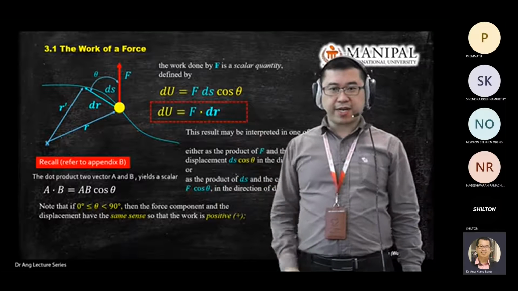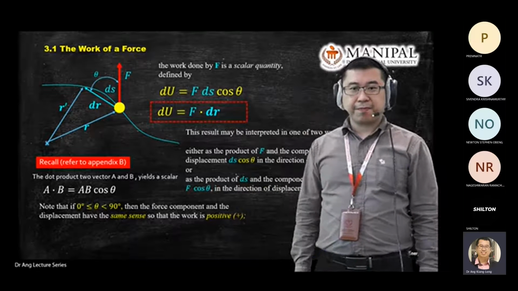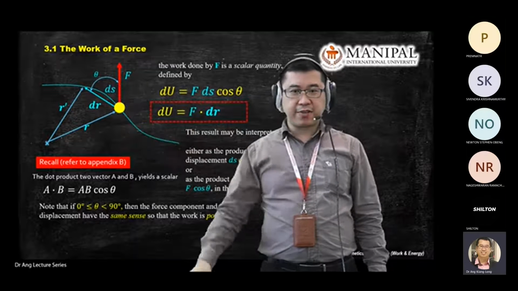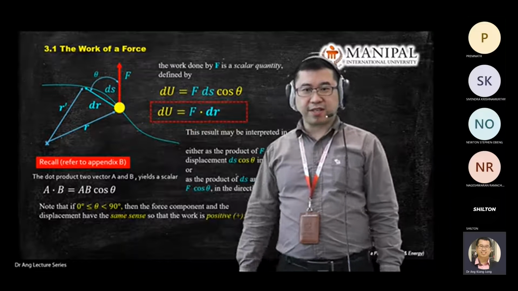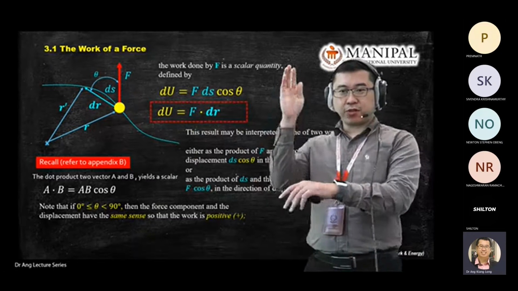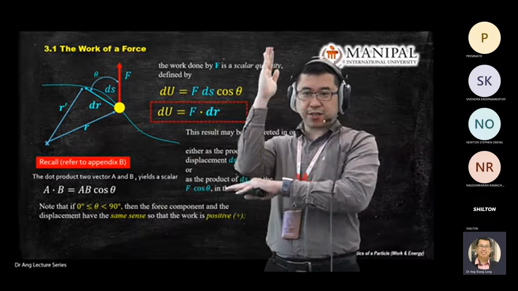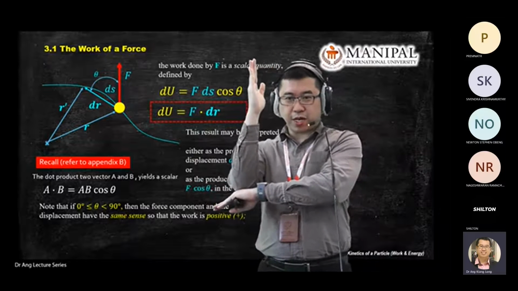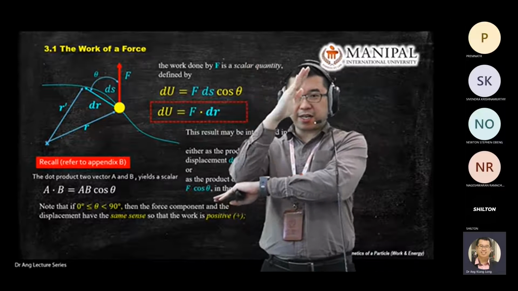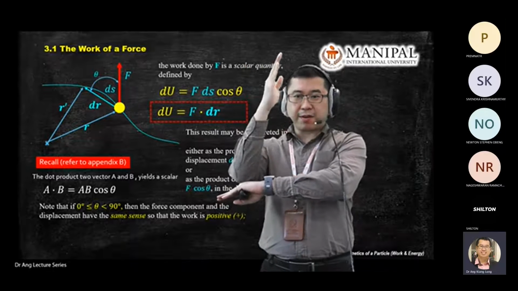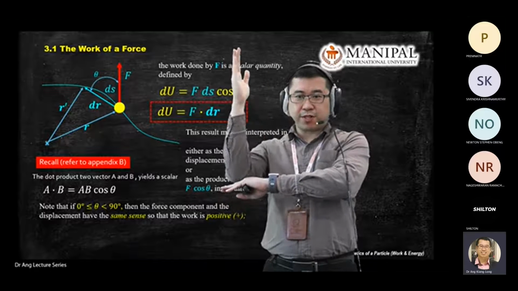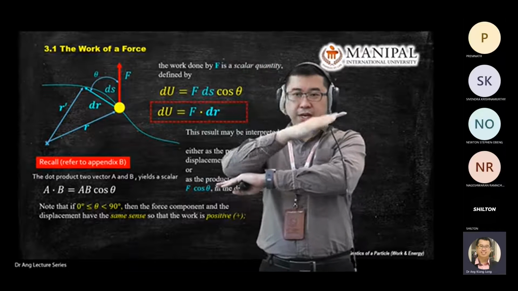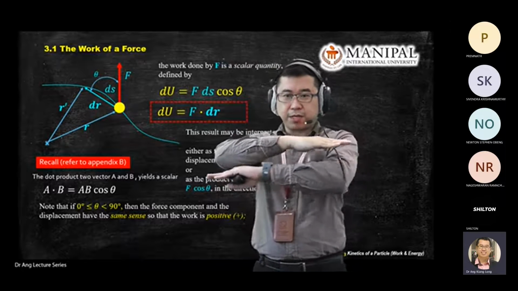Cos 90 equals what? 0. So when your force and displacement are at 90 degrees, you don't have work. Try to imagine, this is your force, this is your displacement. If your force is at 90 degrees, it does not do work. But if your force is slanted a little bit, it will do work because you can split your force into vertical and horizontal components.